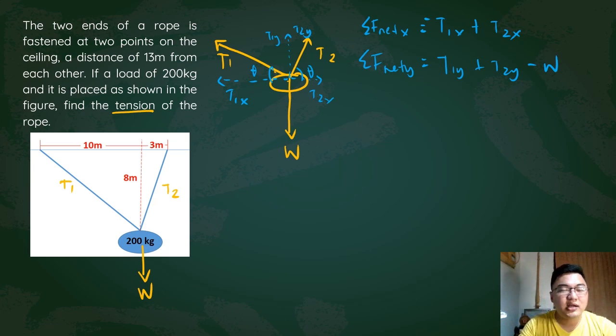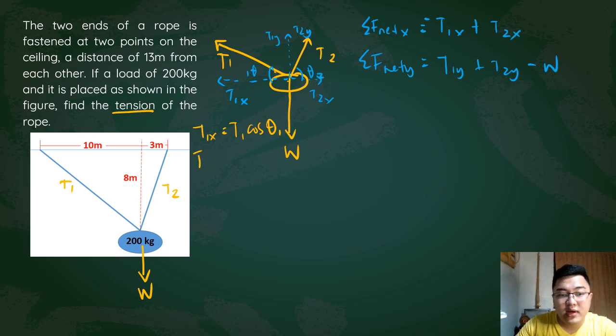And if you remember our lesson on solving for vector components, you can easily conclude that T1x will be equal to T1 cosine theta 1. So we label these as angle 1 and angle 2 so that we don't get confused.